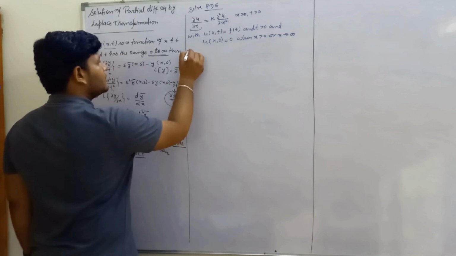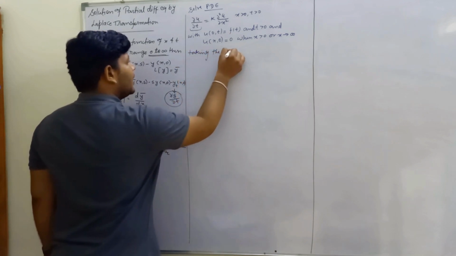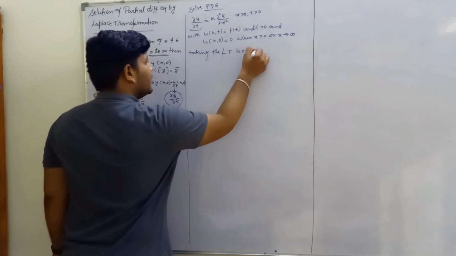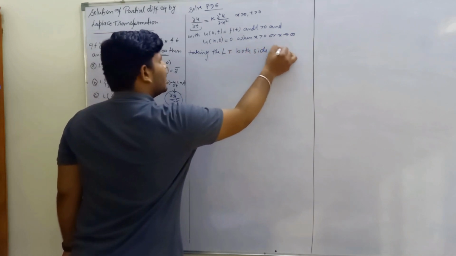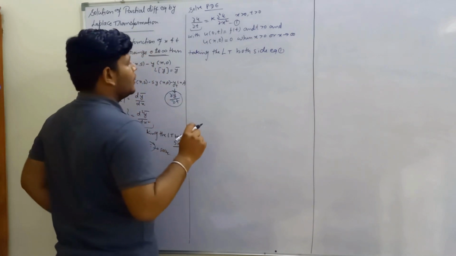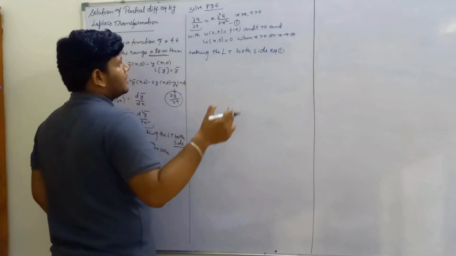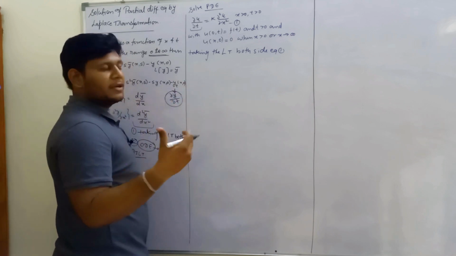First of all, I am taking the Laplace transform on both sides of equation number one. Here x is greater than 0, t is greater than 0 always. t is time and x is the displacement or distance.